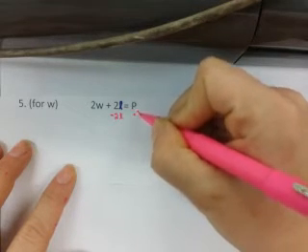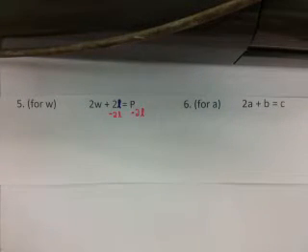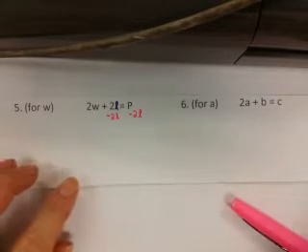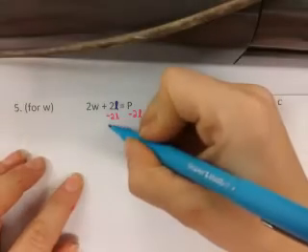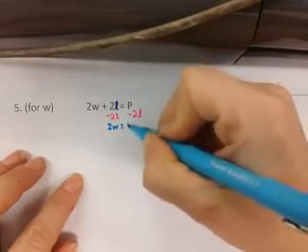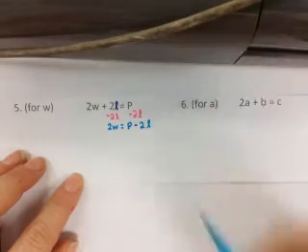Again, we use the cursive since a non-cursive L looks like a 1. We use the cursive so that we're clear that it is a variable and not a number. Okay, so now we have 2w is equal to p minus 2l.